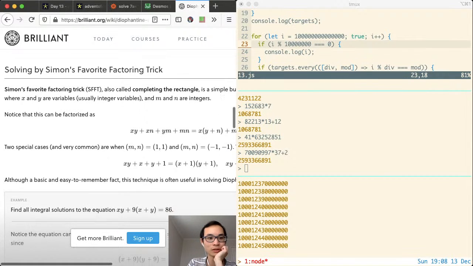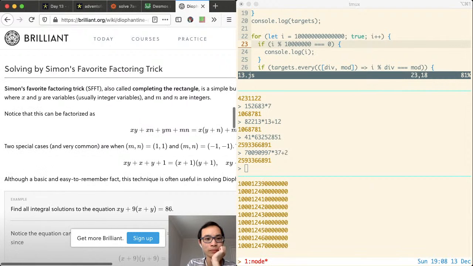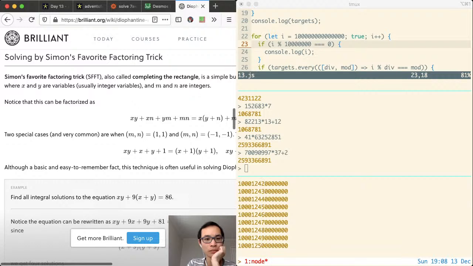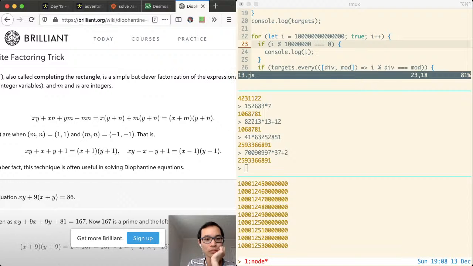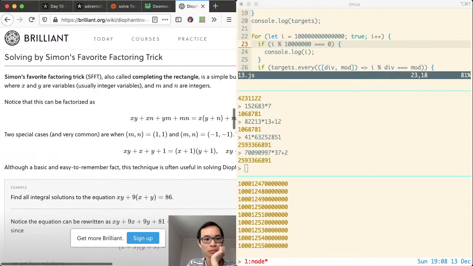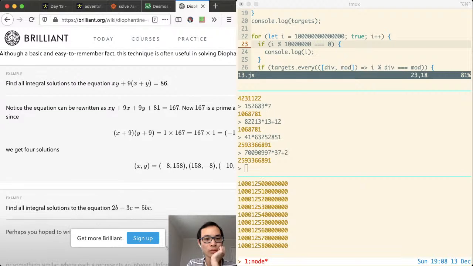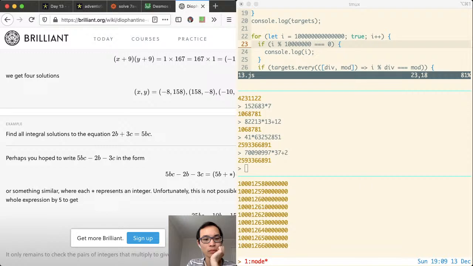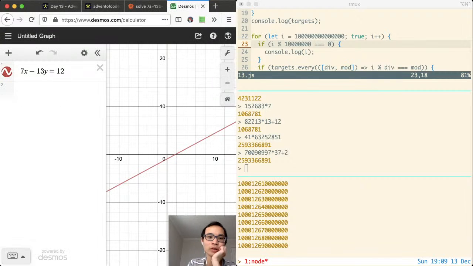Solving by Simon's favorite factoring trick, SFFT, also called completing the rectangle. But I think what we're working with aren't Diophantine equations.